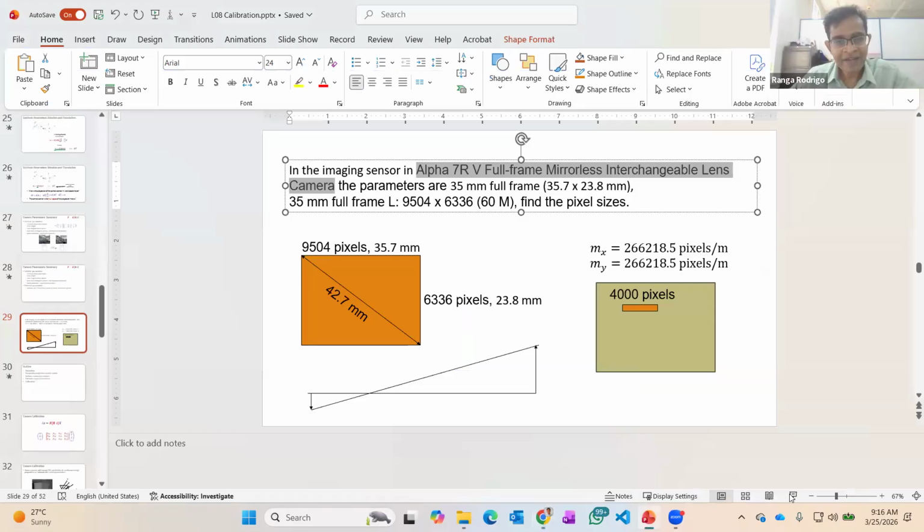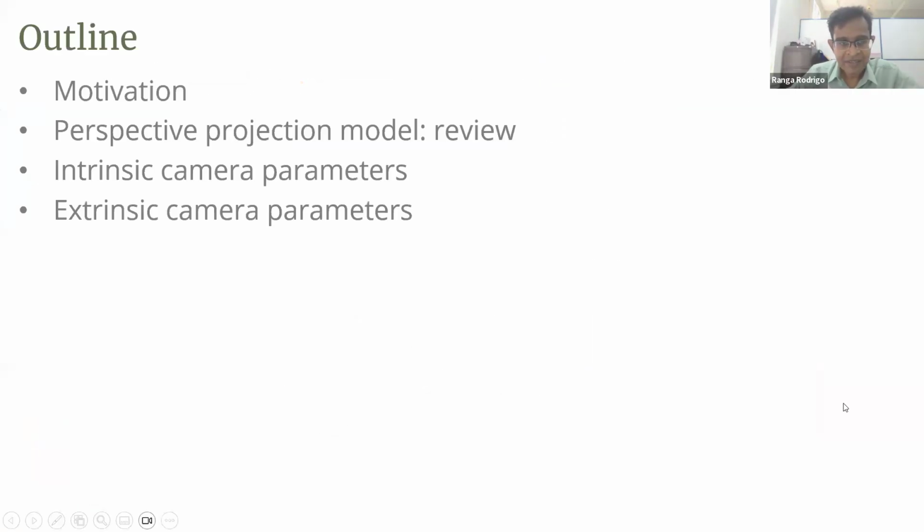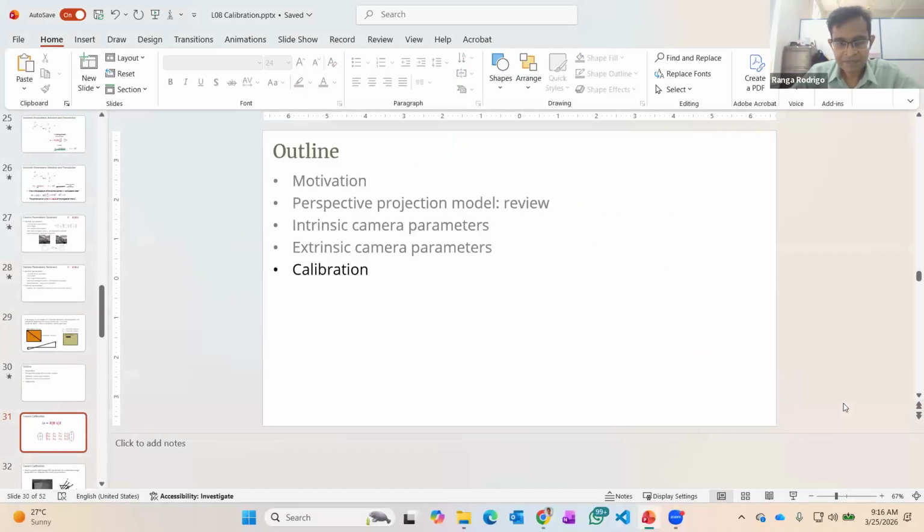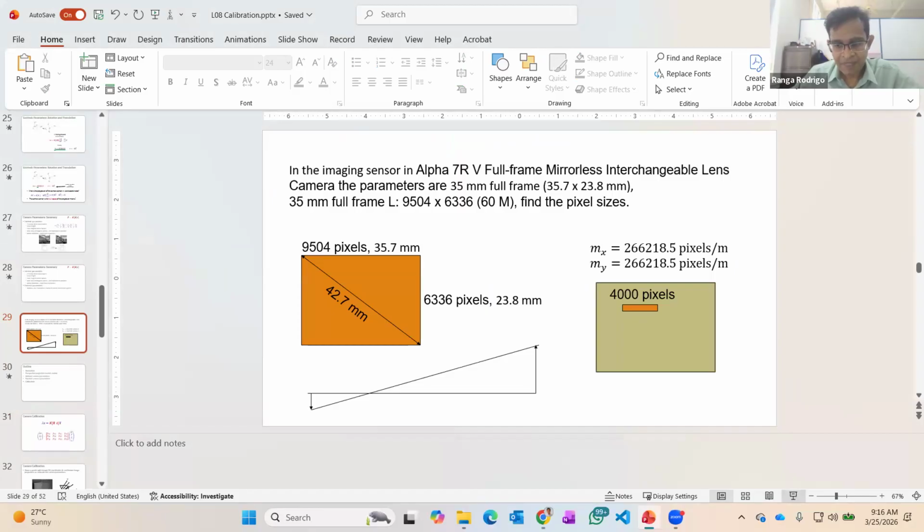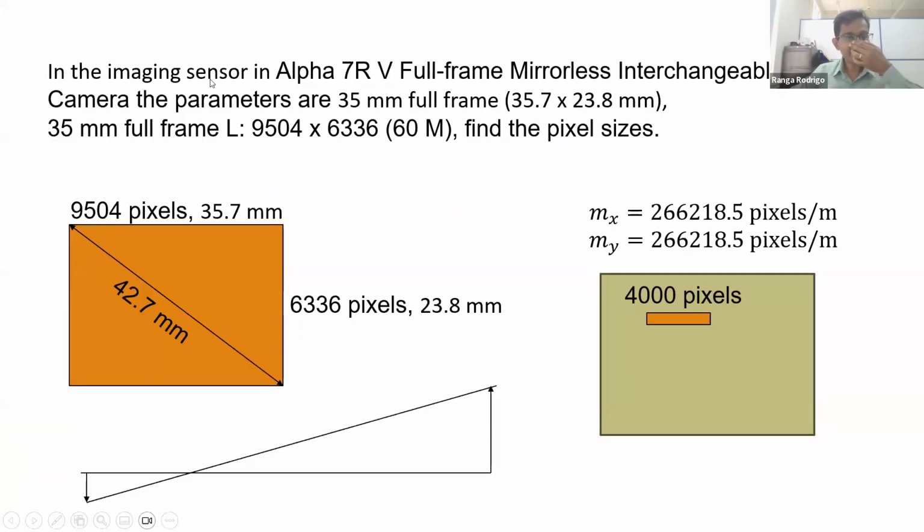So that's what I have written. You can see I have used those numbers. For the imaging sensor of the Alpha 7RV, the parameters are 35mm full frame, 35.7 and 23.8. That's the width of the sensor, and this is the height of the sensor.